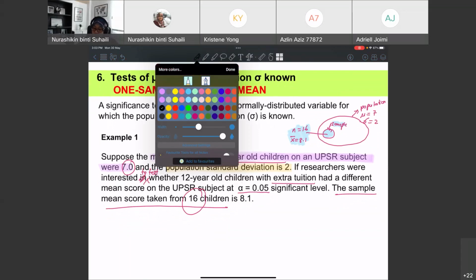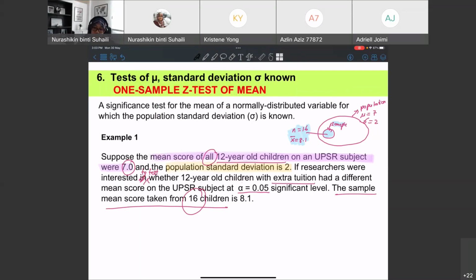Basically, you can see that there is only one sample, one population, and you know that the standard deviation of the population is known. So that is the category of the situation.